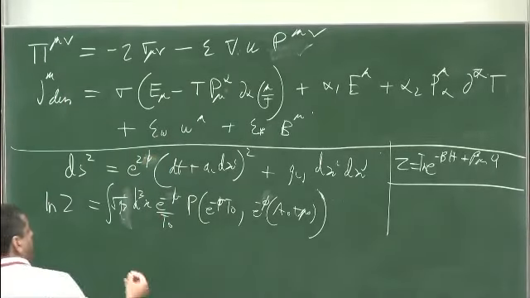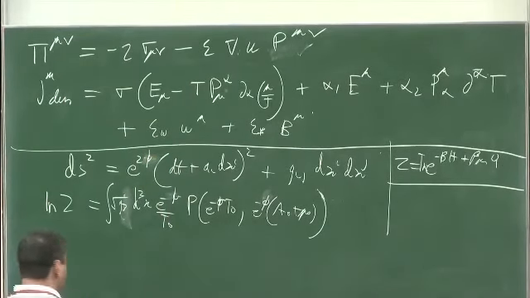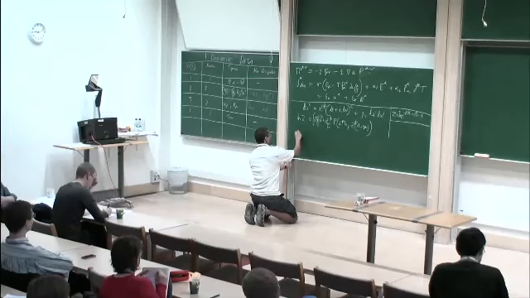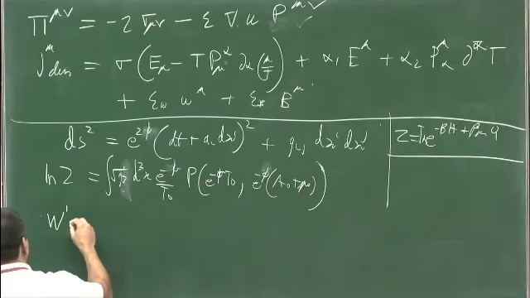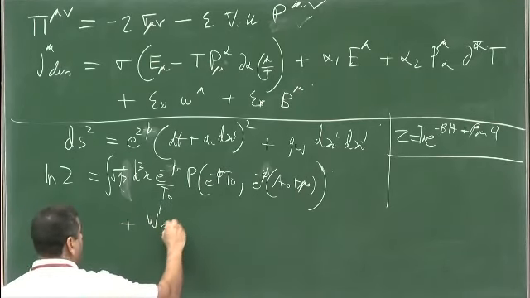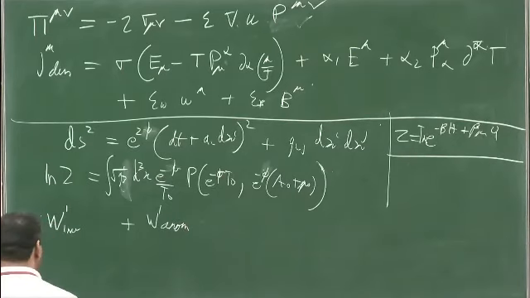And then we talked about one derivative corrections to this. So the one derivative corrections I divided up into W1, let's say invariant, plus W1 anom. Okay, and W1 invariant was equal to, and once again I'll use the notation that I will use to present the results.